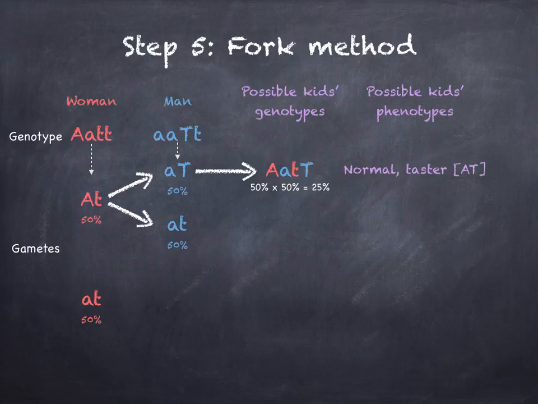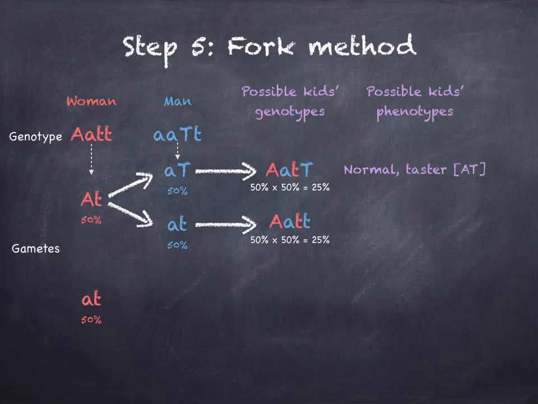Now, the second possibility is for the gamete big A, small t of the woman to be put together with a small a, small t gamete from the dad. In this case, you have a genotype that is big A, small a, small t, and this is again a 25% chance to occur because it is simply 50% of 50% of the cases.